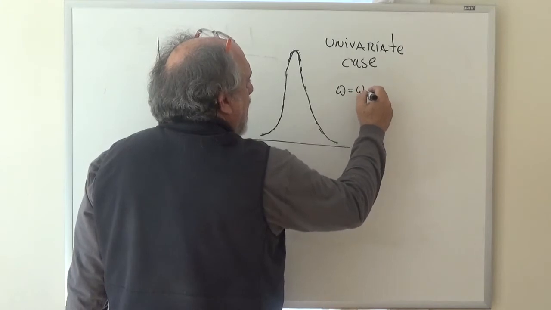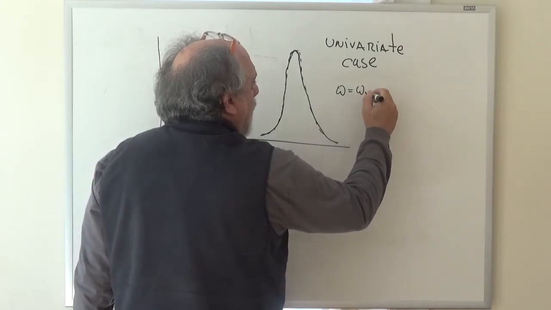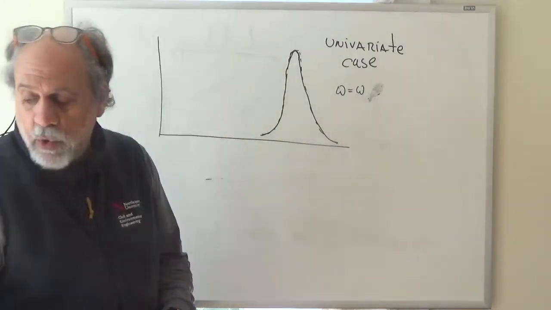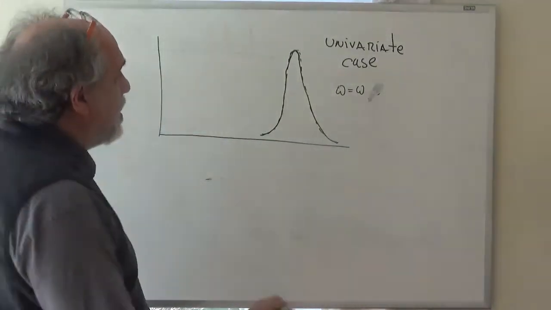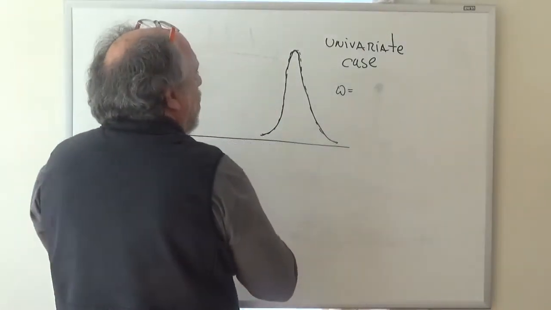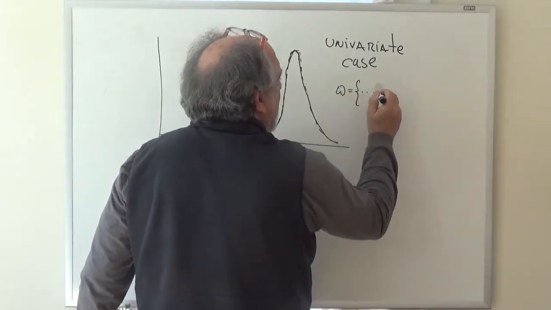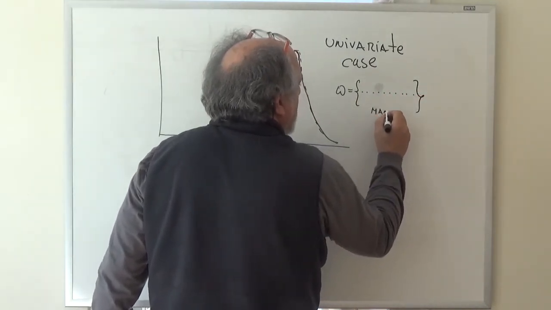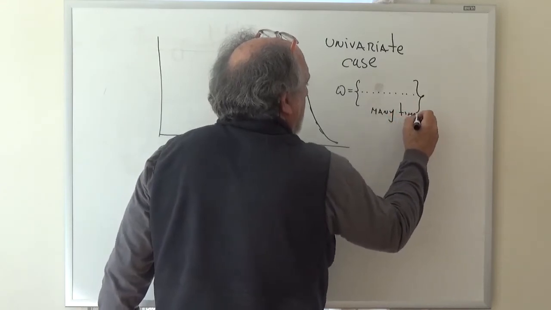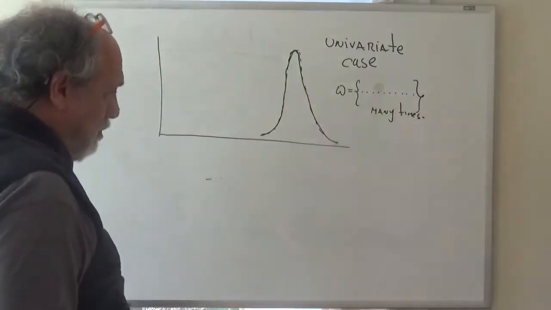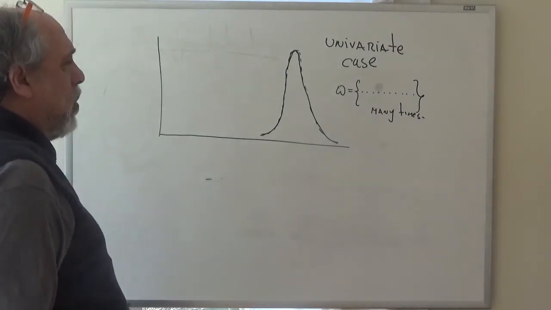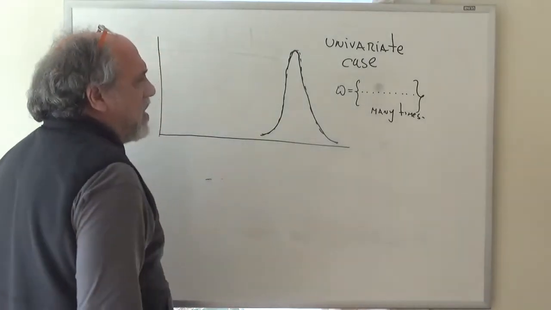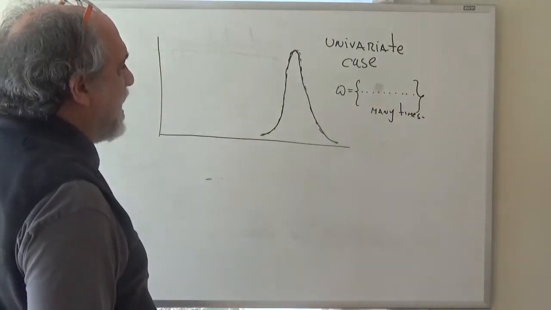I calculated omega many times, and from those many times, we can do whatever we know how to do to see what the probability distribution of that quantity is.